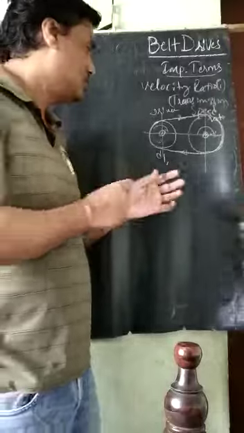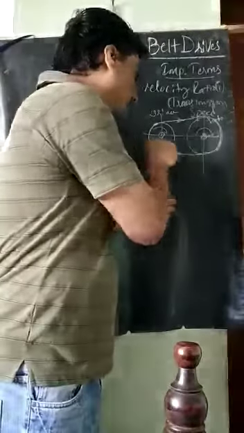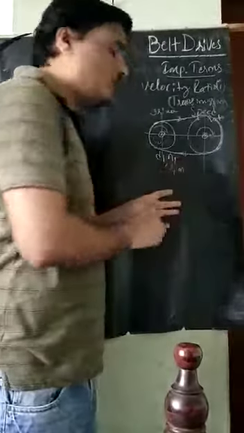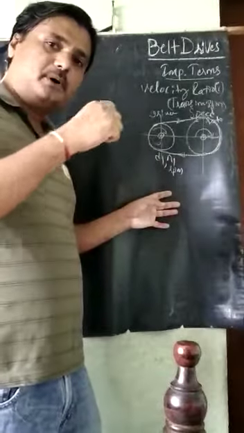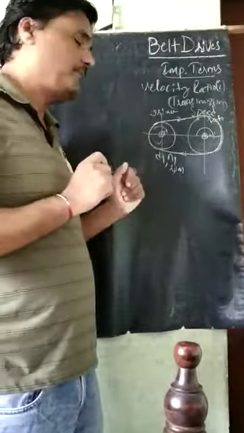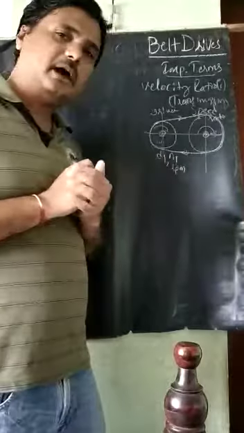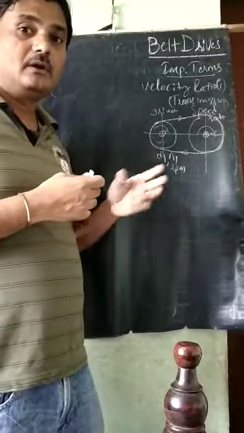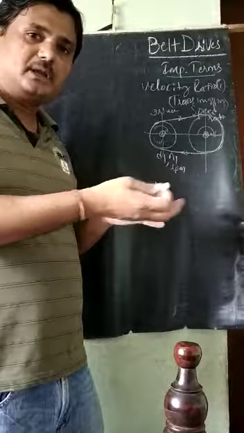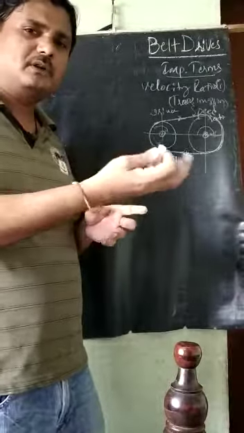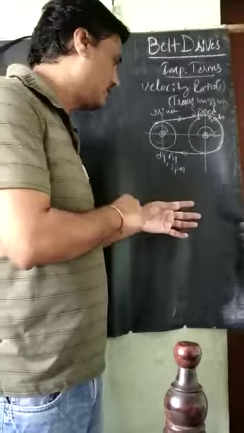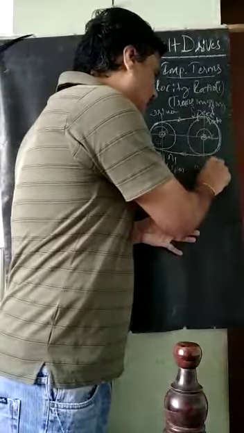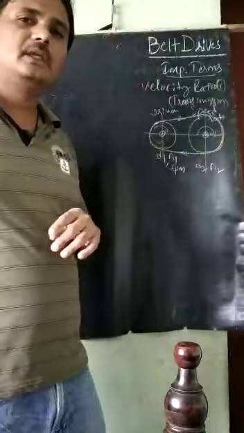We can make it RPS also by dividing by 60, revolutions per second. Similarly, for the follower, it is d2 and n2.